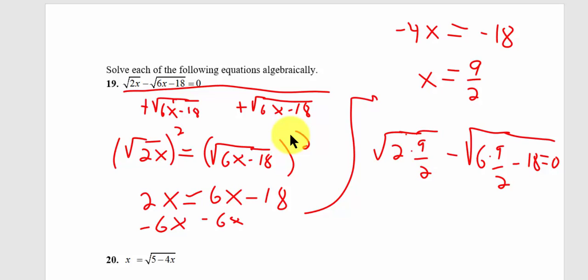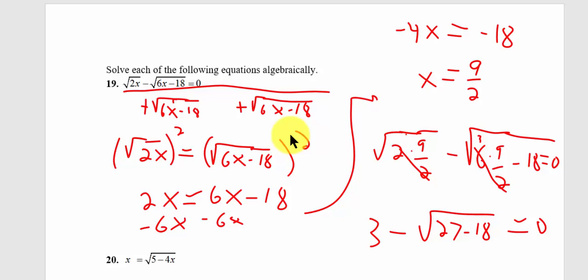Here the 2's are going to cancel. I'm left with the square root of 9, which is 3. Minus, here the 6 and the 2 cancel to leave me 3, which would be the square root of 27 minus 18 equals 0. Right, because 6 times 9 is 54, divided by 2 is 27.